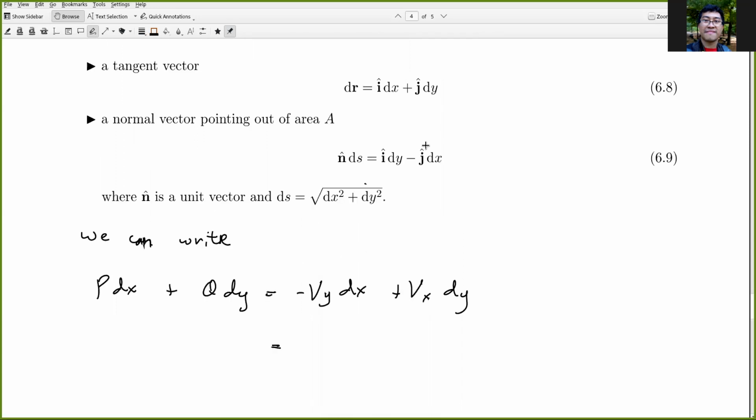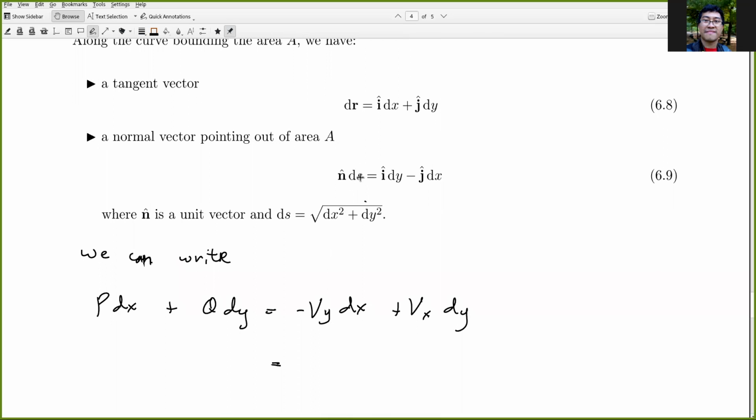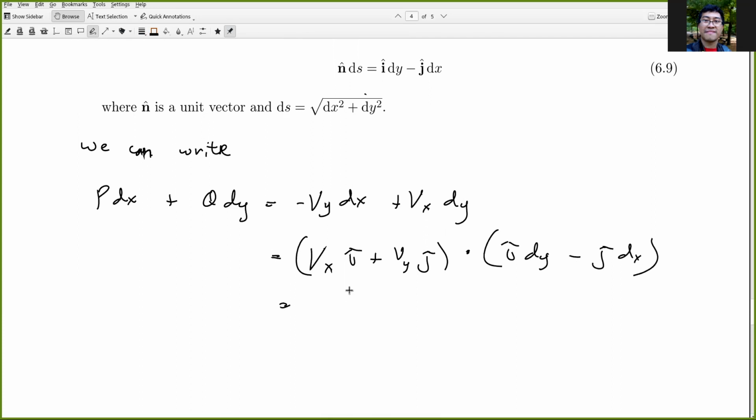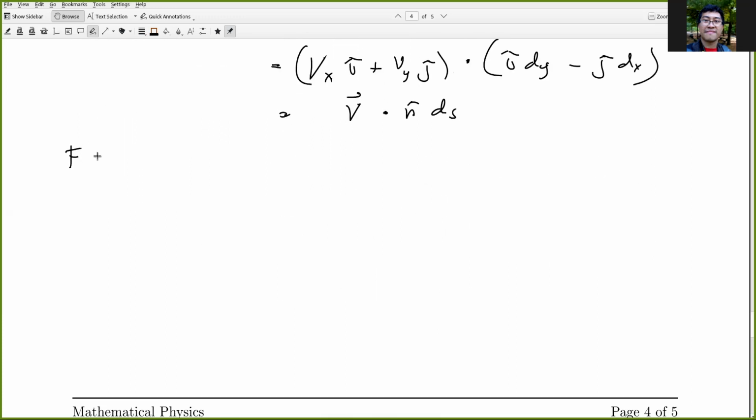In terms of this, we can write V as Vx i plus Vy j, dotted with, since Vx has a partner dy, i dy, and you have your negative dx, so j dx. So this is vector V dot unit vector n ds.